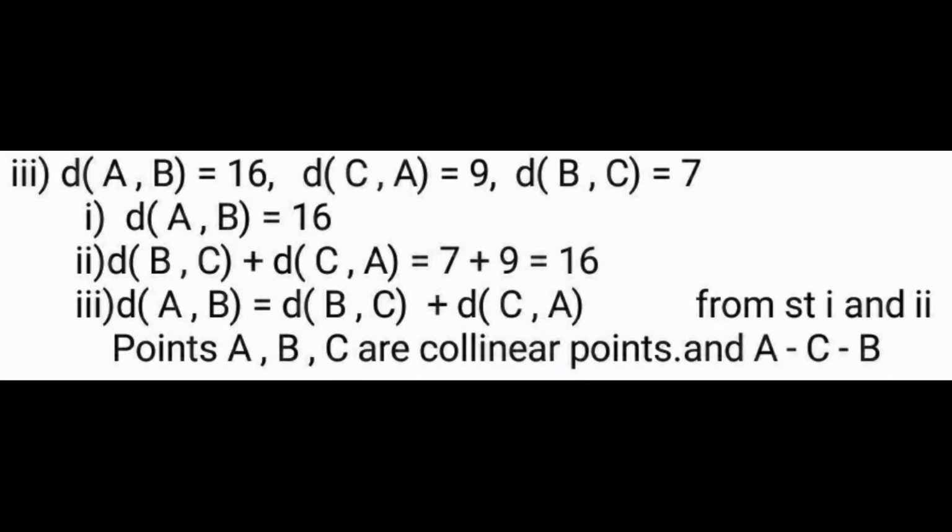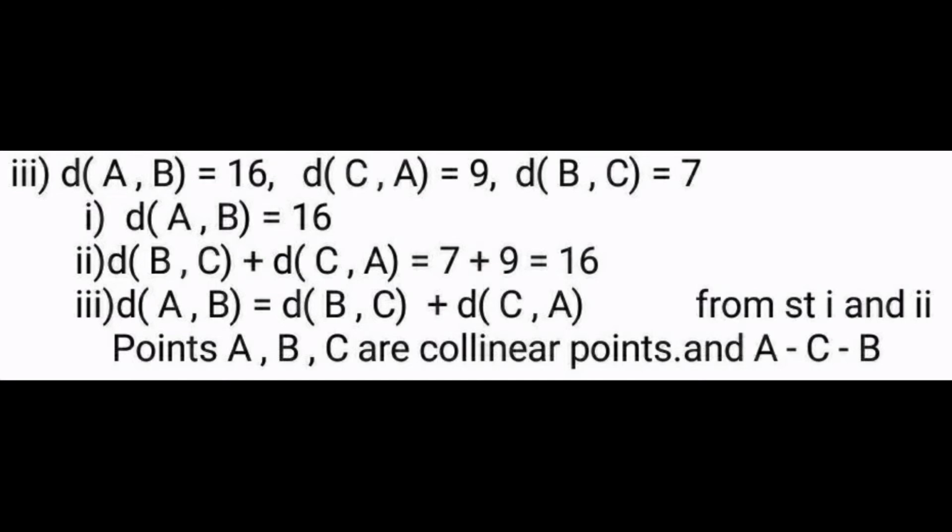Sub-question number 3, distance AB is 16, distance CA is 9, distance BC is equal to 7. So first we'll find out the greatest distance. Distance AB is equal to 16. Second statement, the sum of the remaining two distances, that is distance BC plus distance CA. How much is it? 7 plus 9. Again it is 16.